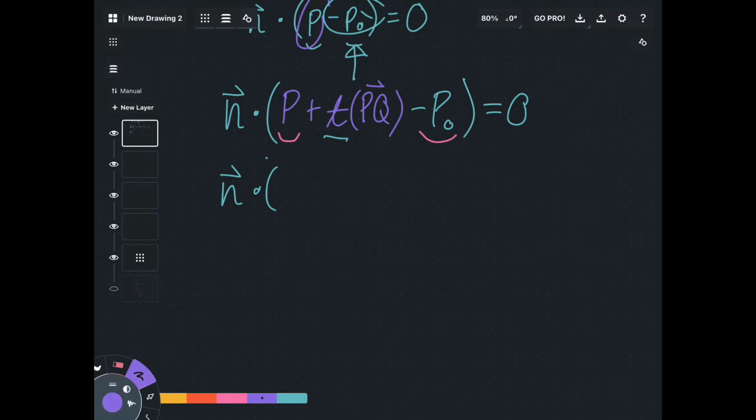So over here we have the normal dotted with P minus P naught from our plane equation, plus t times the normal vector, I'm sorry, dotting the normal vector with PQ. I should be clear.